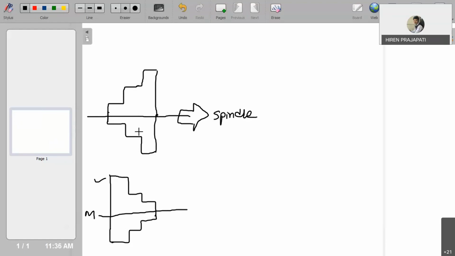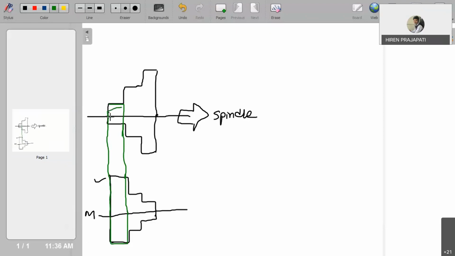Now as we use a common belt, let me indicate one belt which is on the first pulley combination of cone, right?